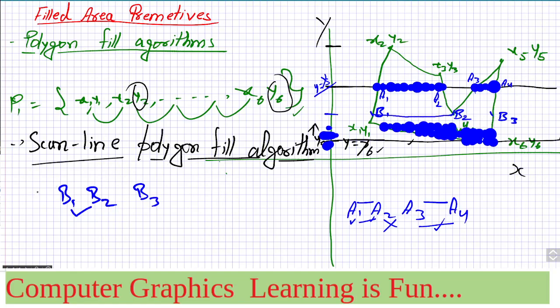So in this case, we can observe that it is intersecting two lines, this line as well as this line, at this point. Because of this, B2 should be kept twice. So now you will plot from B1 to B2 and you will not plot between B2 and B2, and then you will plot again from B2 to B3, right? This will happen. Now let me tell you another case.